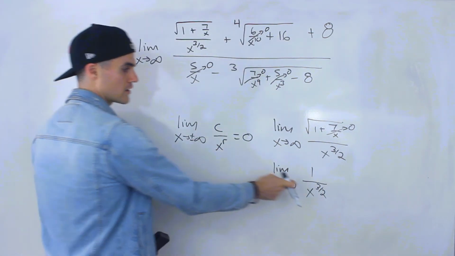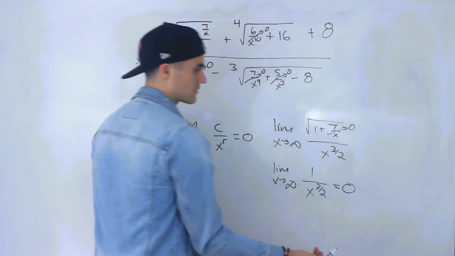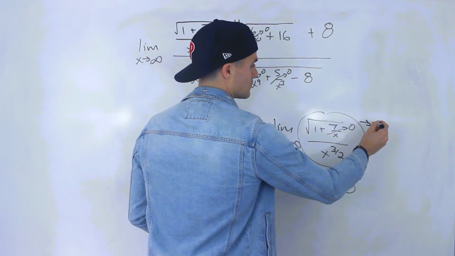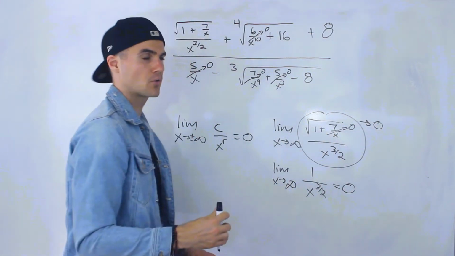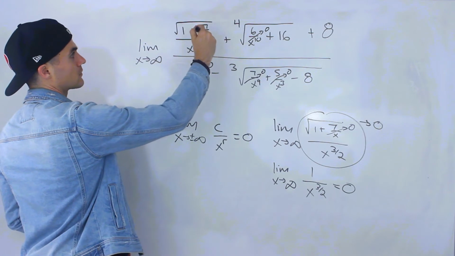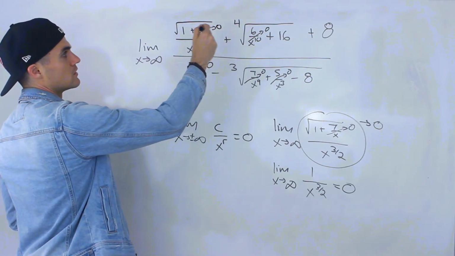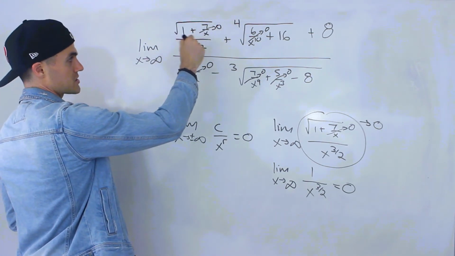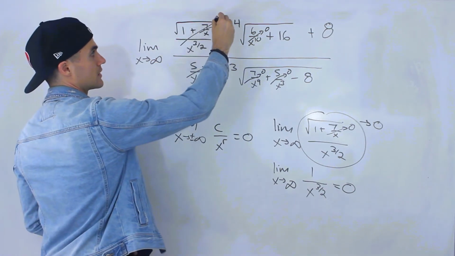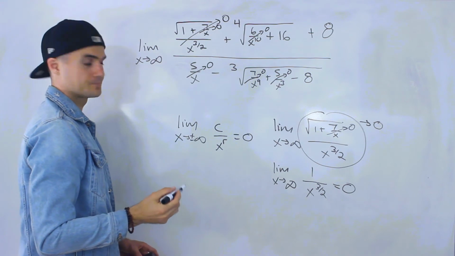The constant is 1, the r is 3 over 2, so we know this is going to go to 0. So this entire thing goes to 0. We just kind of had to show it in 2 steps. So this numerator goes to 1, right, because this goes to 0. The square root of 1 is 1, and then 1 over x to the power 3 over 2 as x goes to infinity, that whole thing is going to go to 0.